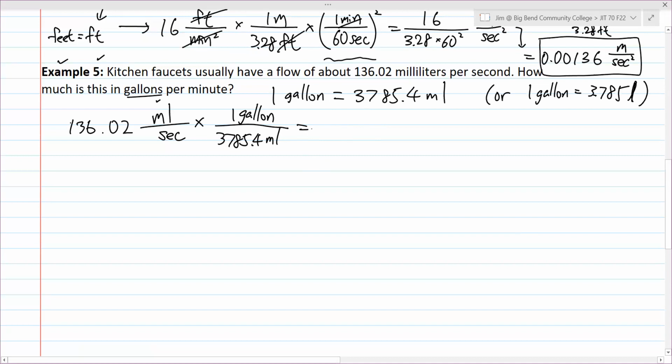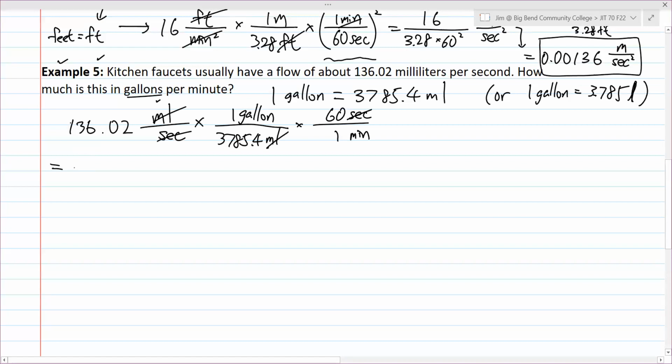All right, we're not there yet. Milliliters are divided out, and then another thing we should convert is the second unit, and then turn that into minute unit. So this is when we show the fraction as 60 seconds over 1 minute. And why do we do that? Because we want to cancel the second unit.